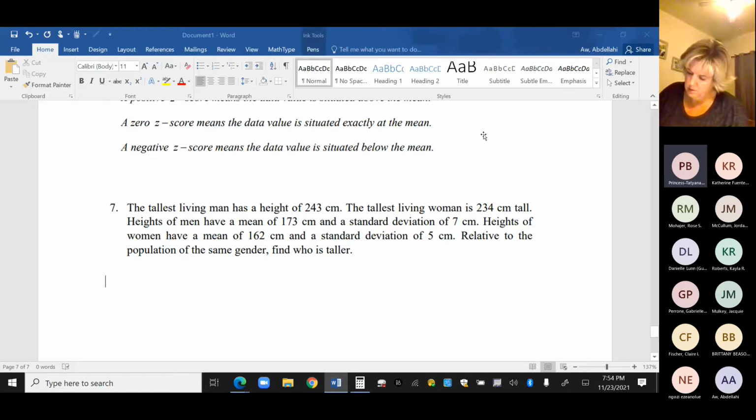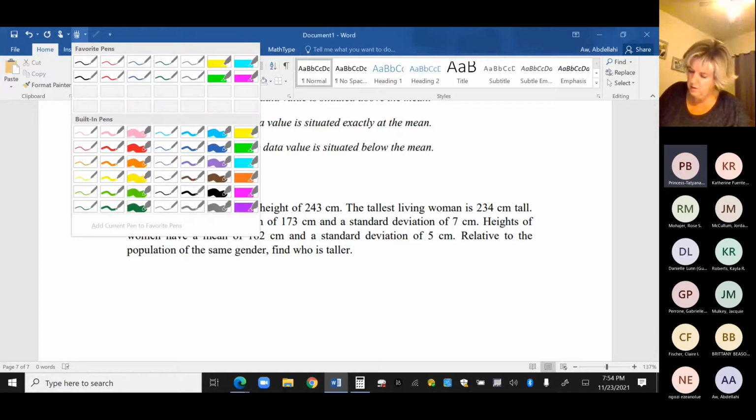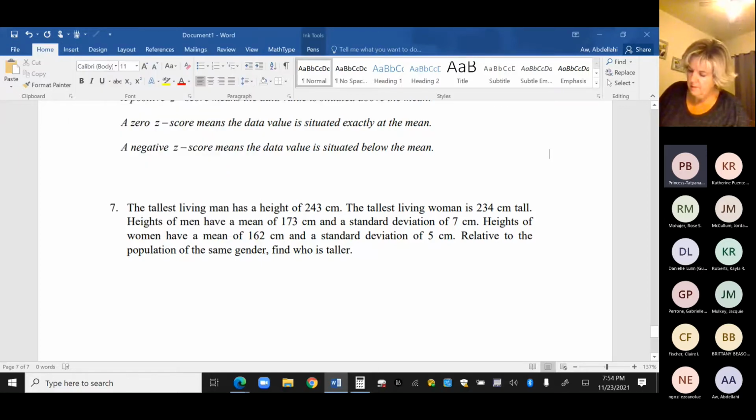If you just ask who is taller, it's not even a question, because clearly 243 is more than 234, right? But we're not asking that. We're asking, in their respective gender, who is taller, relative to the population of the same gender.